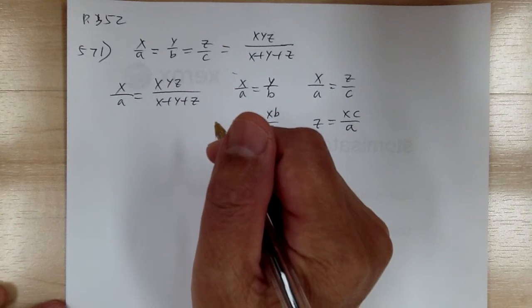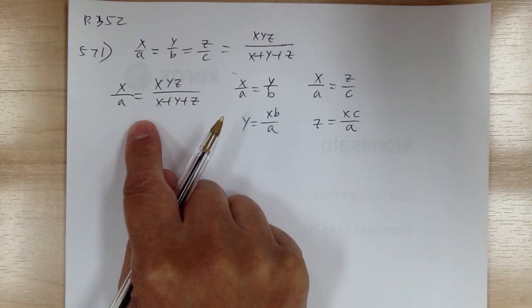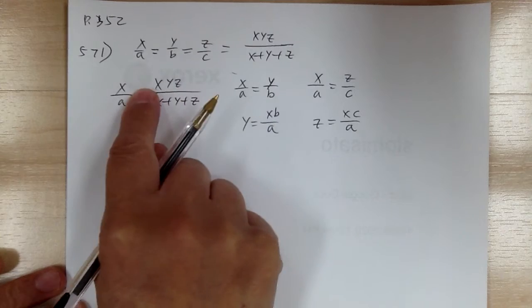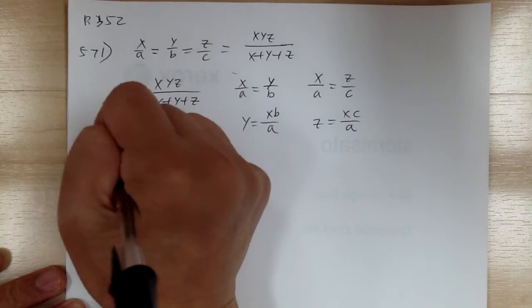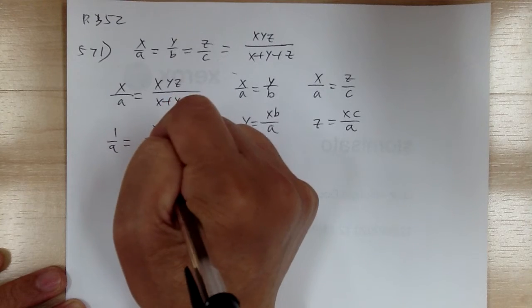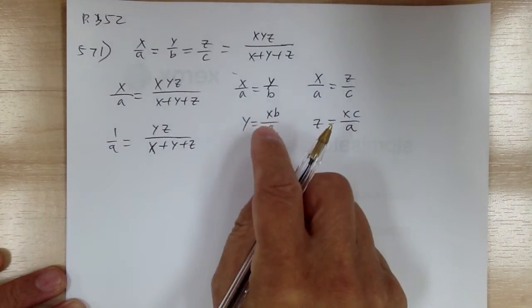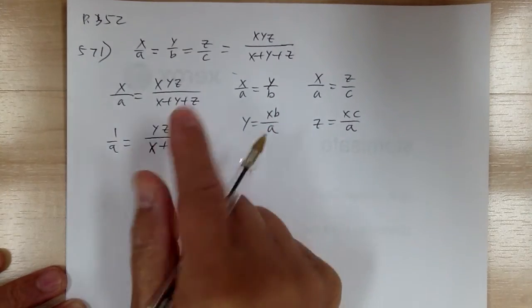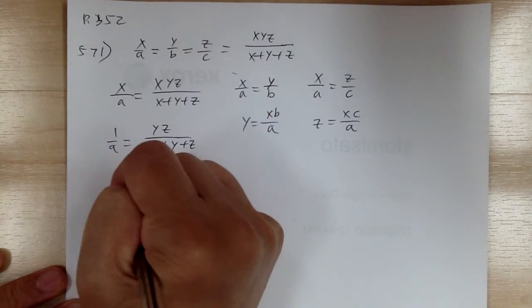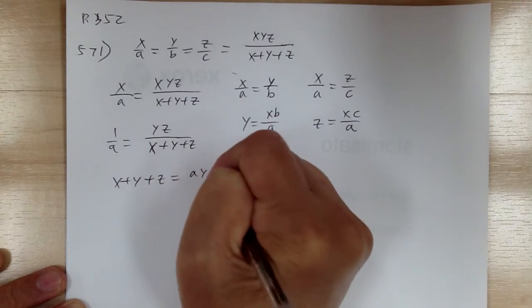Now over here, since I got x on both sides, I can get rid of the x. So I got 1 over a equals yz over x plus y plus z. And then I'm going to cross multiply. So I got x plus y plus z equals a y z.